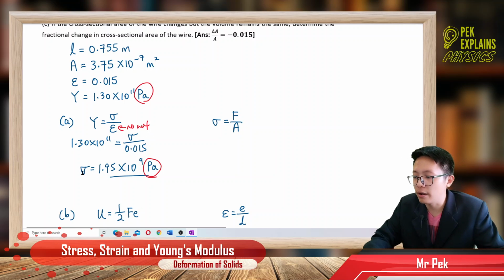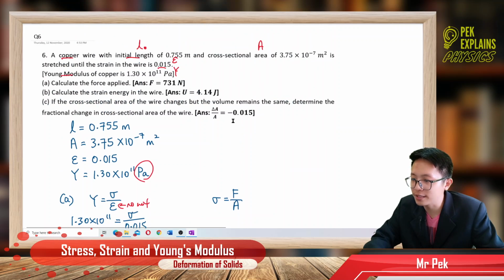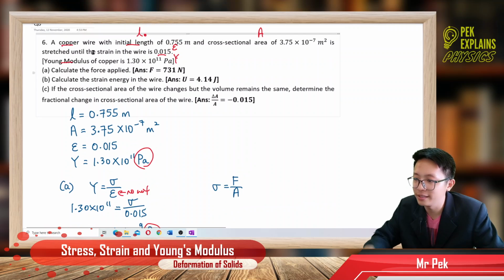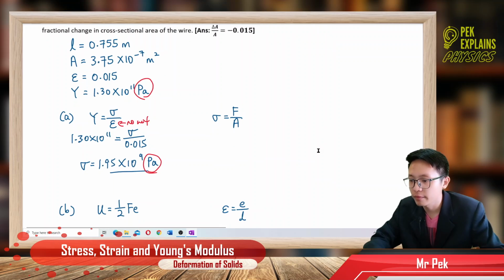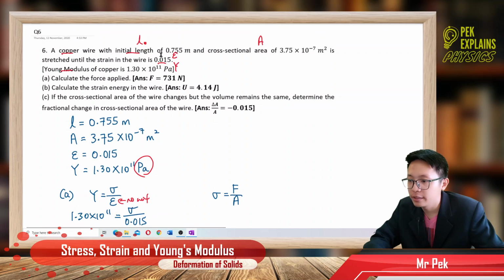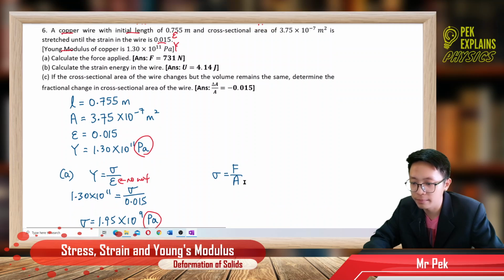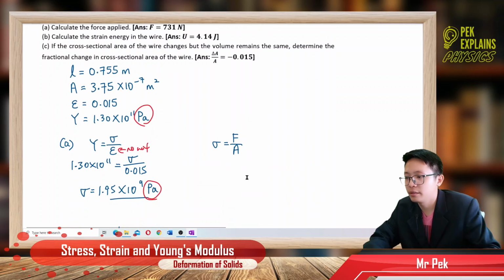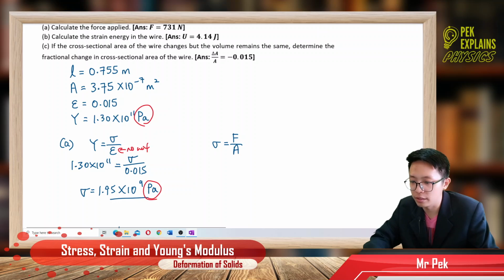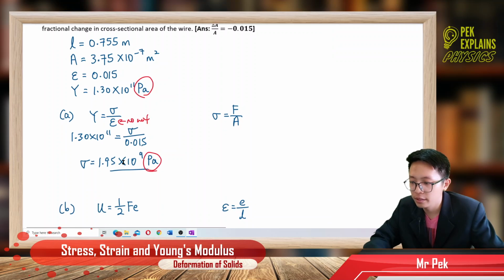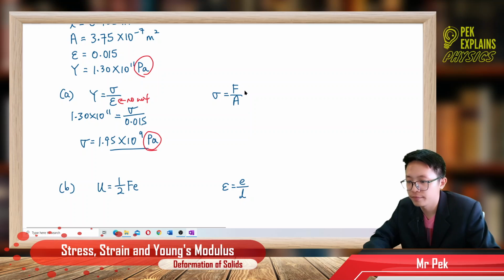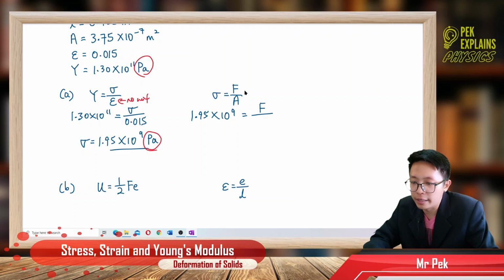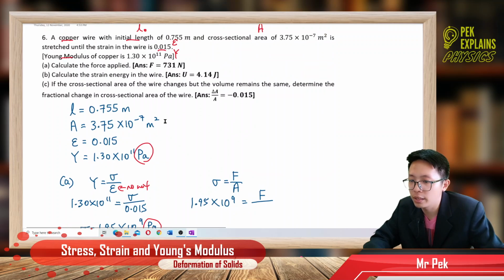Okay, so now I have the stress, I can find the force applied in the copper wire. I have the cross-sectional area, already in meter square, SI unit, so no harm. Let's find out what's the force applied. When I have the stress, I can find force. 1.95 × 10^9 Pascal, SI unit, and then my area also in SI unit, meter square.